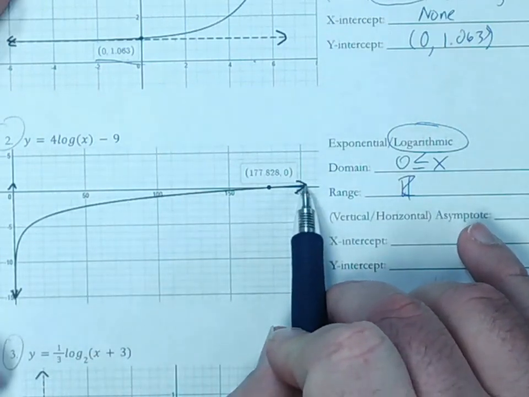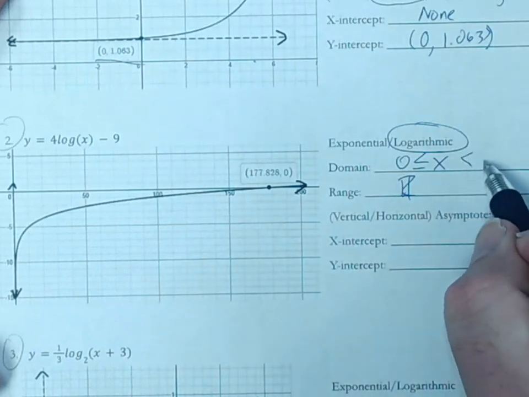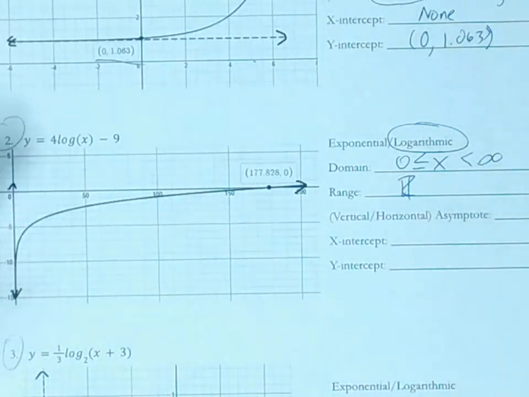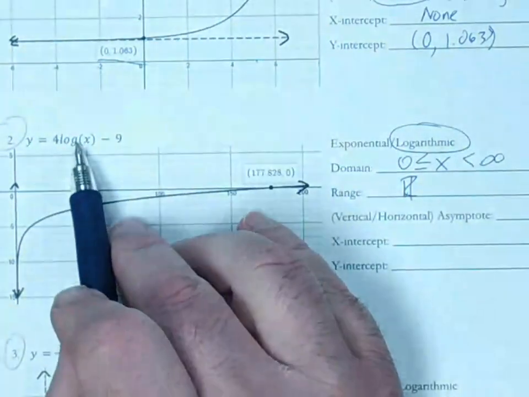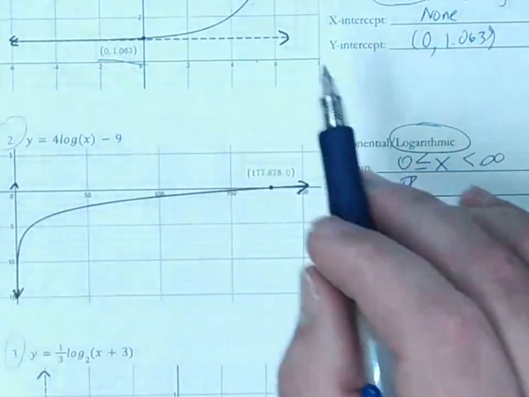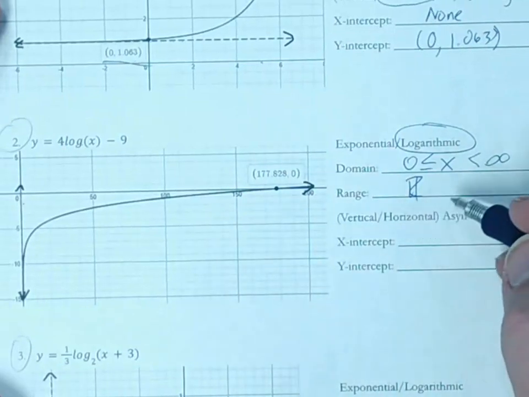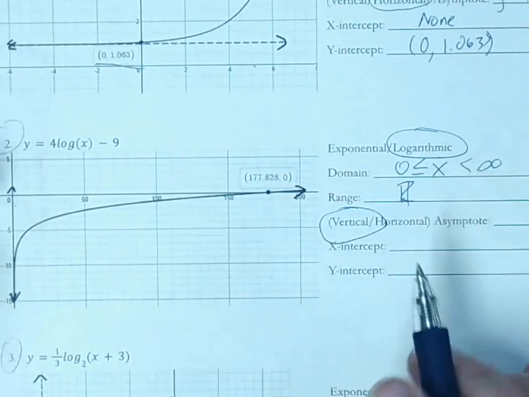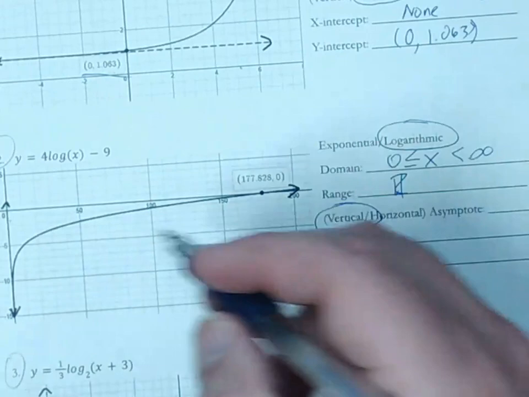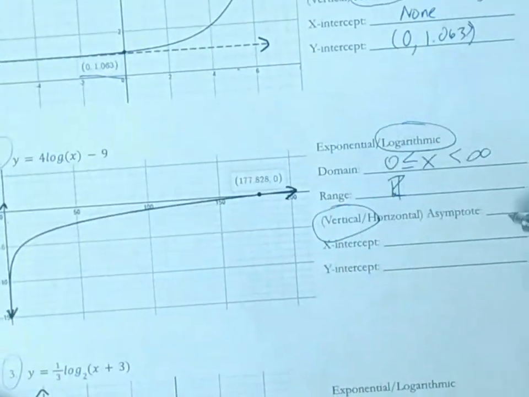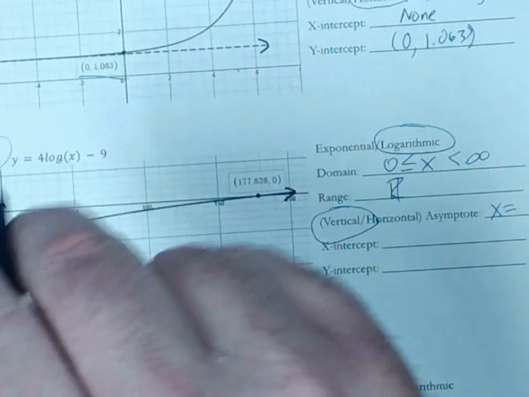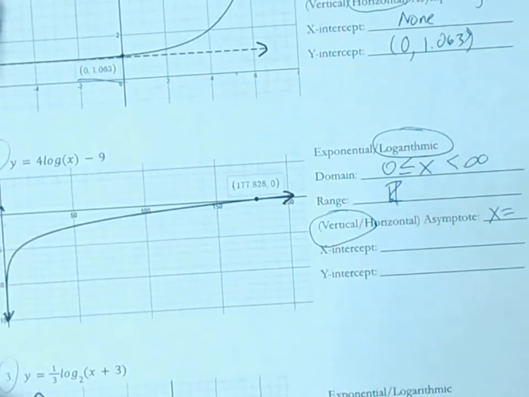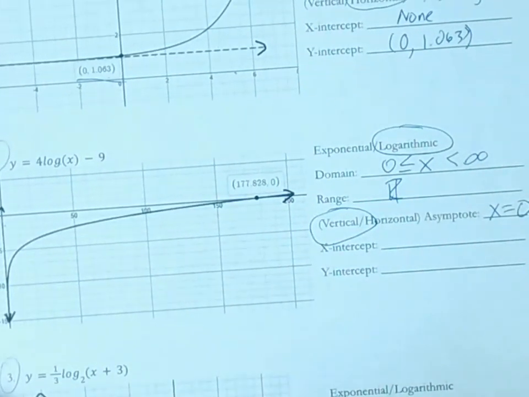That's an arrow. It doesn't stop. It's going to go on forever, which means it's less than infinity. As I just mentioned, we have a vertical asymptote. All logarithms have a vertical asymptote. All exponentials have a horizontal one. So it will be a vertical asymptote, you can see from the picture, and it goes through the x-axis, which means we're going to use x equals, and it happens to go through right on the y-axis, which is x equals 0.